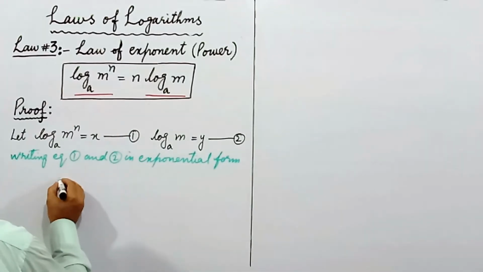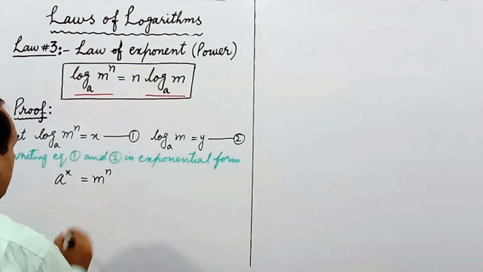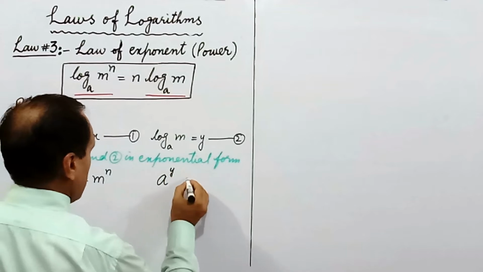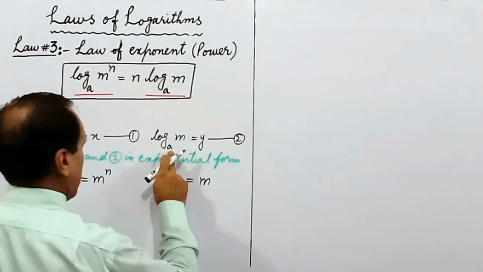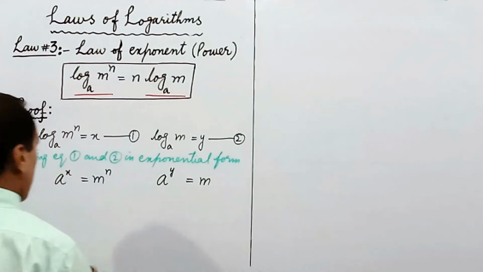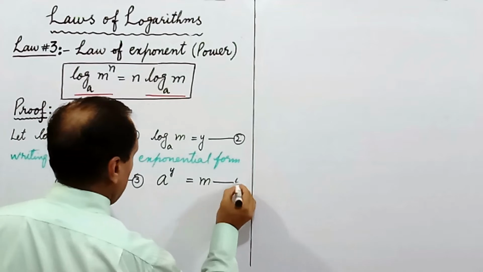We have a raised to power x is equal to m raised to power n, and for equation 2, a raised to power y is equal to m, as base remains base and equal will become power and m will become equal value. We name these equation number 3 and equation number 4.